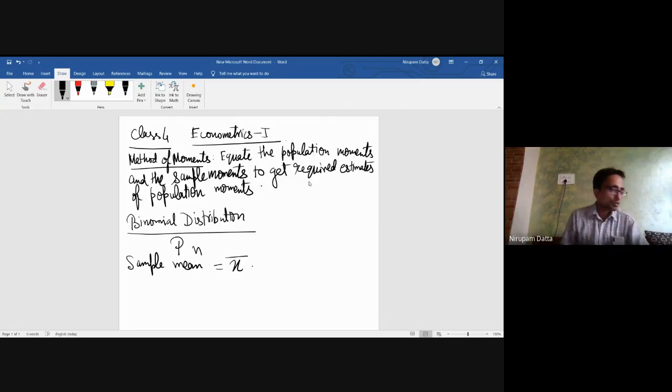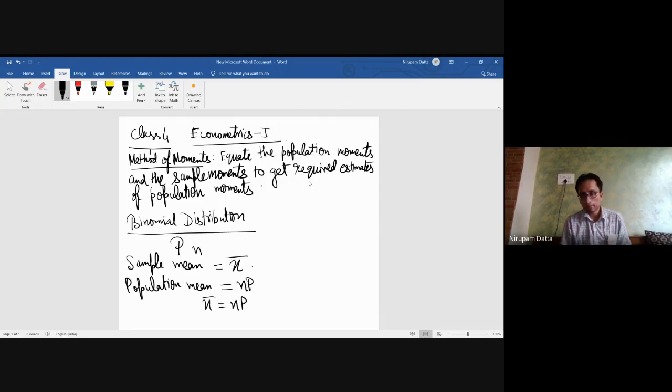Now, what is the population mean? Population mean will be equal to N of P, where P is a population parameter. So now we will be equating sample mean and population mean. X bar equal to N and P.